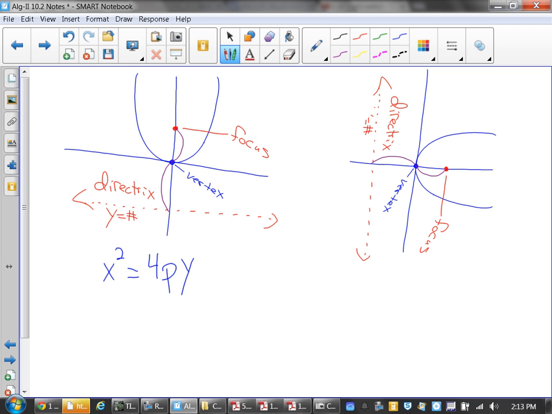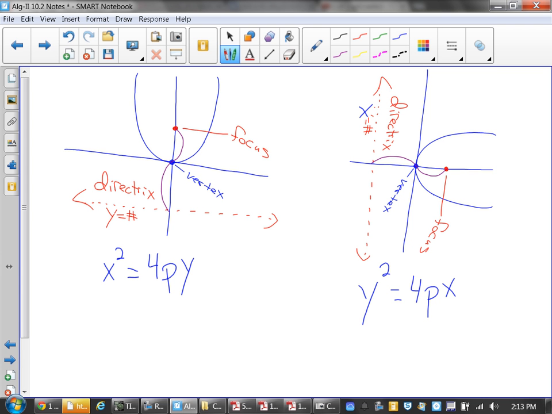When it's left and right, the only thing that changes is instead of the directrix being a y equals, it's now an x equals. So that's y squared equals 4px. I'm getting there.